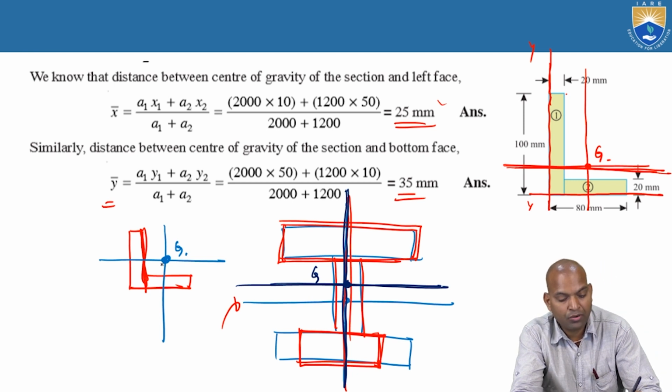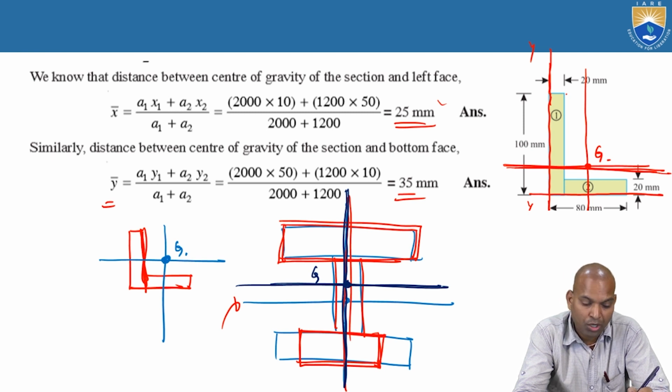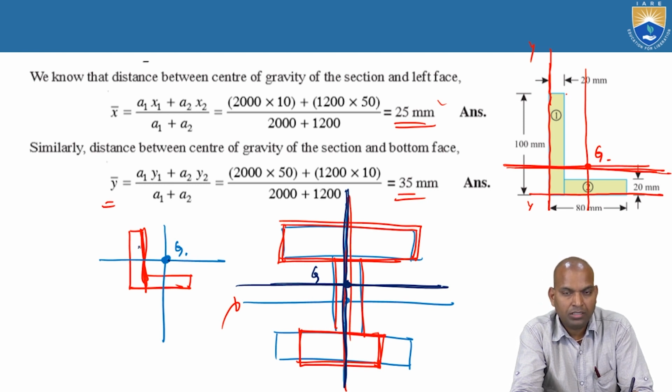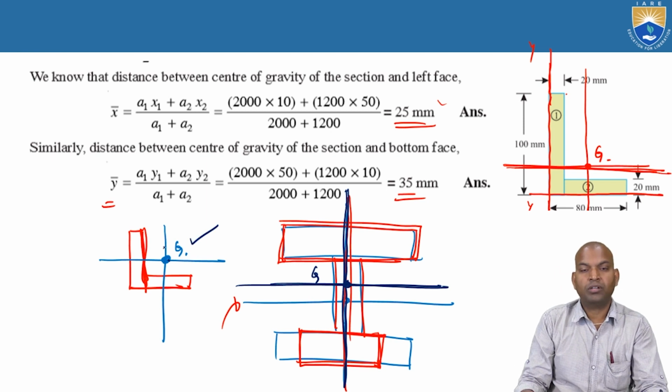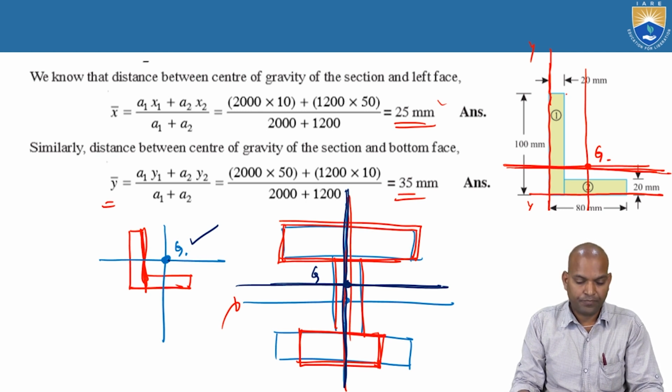Okay, it is not necessary otherwise. Now if it is unsymmetrical about both the horizontal and vertical axes, the centroid point can be outside the geometry. Here in this case, G, the centroid is on the geometry. For that L section, the point of centroid is outside the geometry. Okay, this is one of the properties or characteristics of the point of centroid.